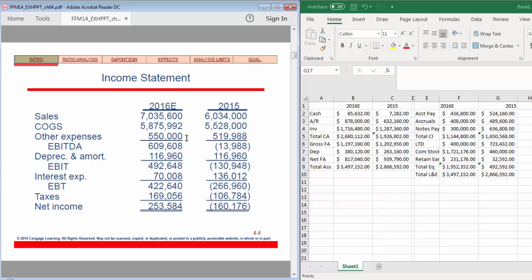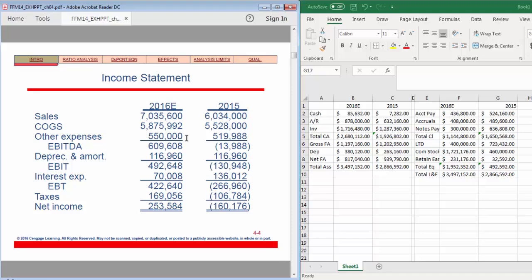So a whole different scenario. You see that from a loss of 13,988 in 2015, it's expected to turn around for an EBITDA profit of 609,608. Profit is still to be awaited because of interest and taxes. Depreciation and amortization, again, remember that depreciation is an expense which the company charges, but is not paid out to anyone.